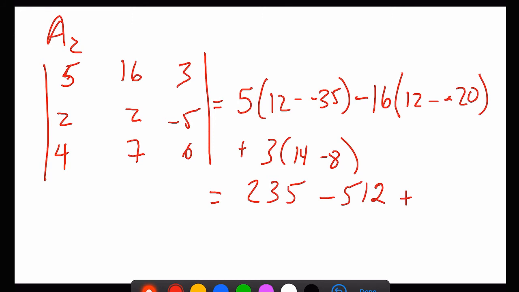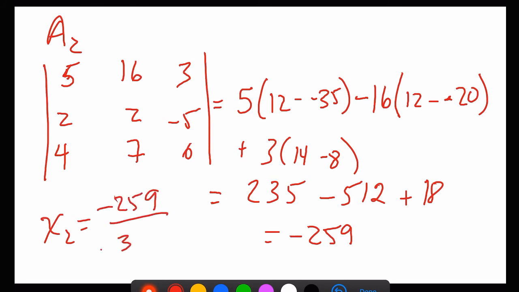Plus 18. So we have 235 minus 512 plus 18 is minus 259. So x2 equals minus 259 over minus 37, is 7.